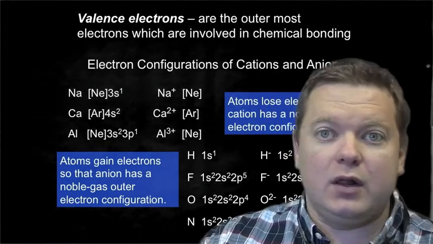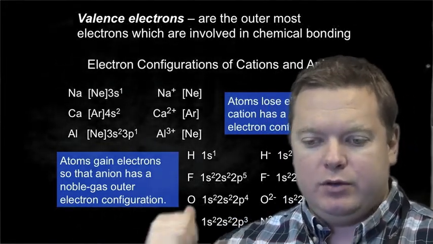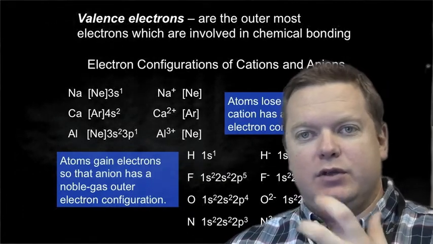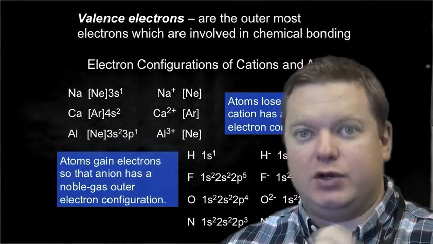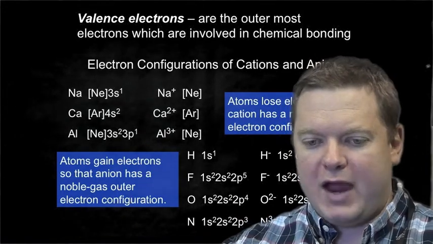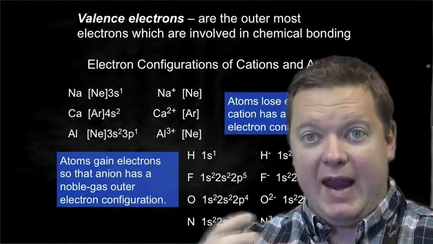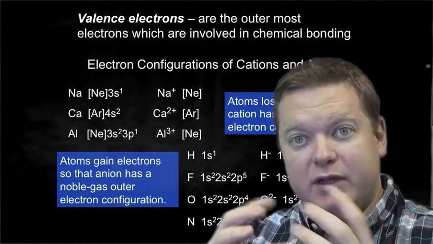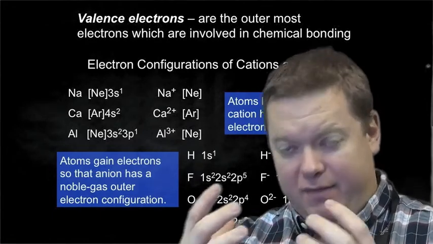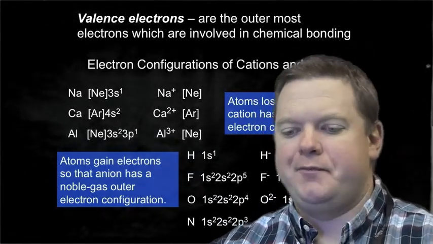So we can steal an electron from somebody else and get that completely filled outer shell when it makes a negative. So these cations are always giving up electrons to form positive ions, and those electrons are going from the outer valence shell to the noble gas core. In the anion, we're gaining electrons to again completely fill the outside, having the same electron configuration as these very stable noble gases.